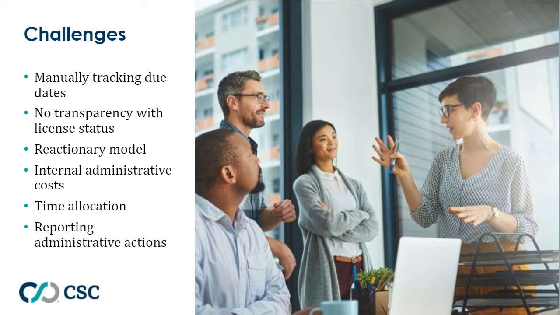And there's a lot of internal administrative costs that come with this too. Believe it or not, there are some licenses you can't file online. You can't file it with the National Insurance Producer Registry. You might have to file directly with the Department of Insurance. Or you're using your credit card, you're cutting checks.